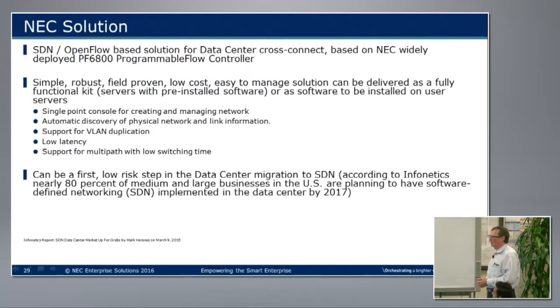So our solution is based on the SDN controller and a bunch of switches. It has big advantages, mainly in the way it's managed, because the SDN controller can manage the network globally.